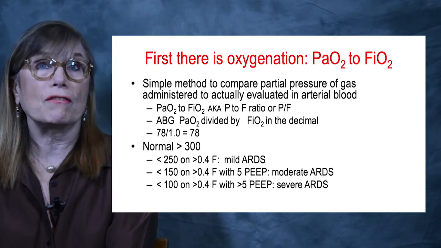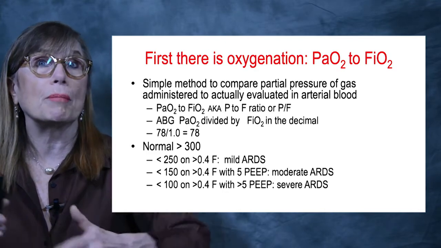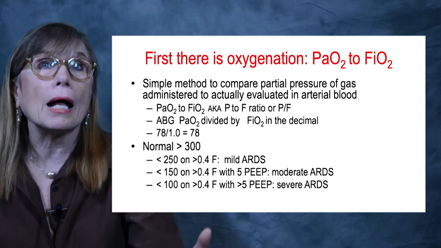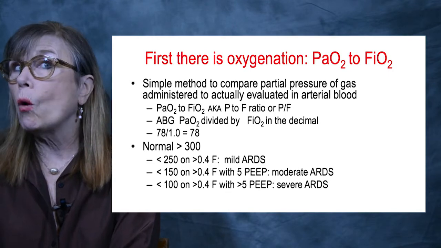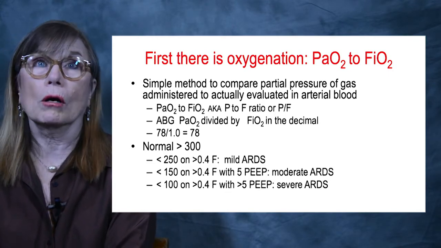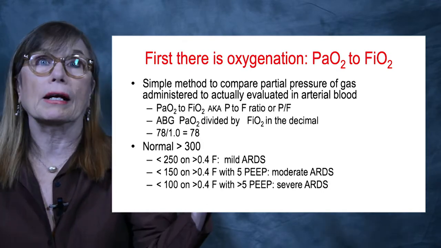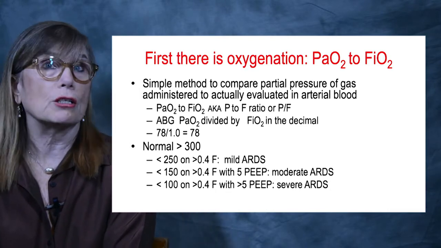Less than 150 on 40% FiO2 with PEEP now added in, 5 of PEEP to open the lung, that will be considered a moderate acute respiratory distress. Less than 100 on an FiO2 of 40% or greater with 5 or greater of PEEP, meaning that the gas I'm giving the patient is not getting into the blood, we're going to consider that to be severe.